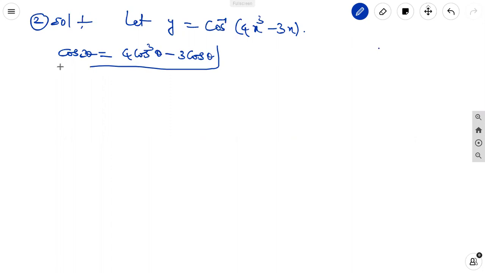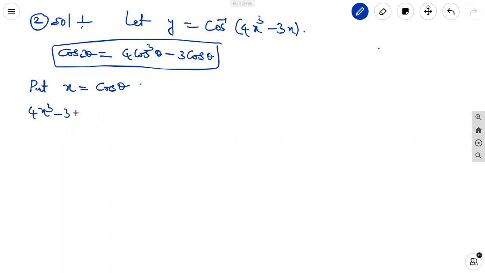It is the cos 3 theta formula. In the expression above, put x equal to cos theta, then 4x cube minus 3x equal to 4 cos cube theta minus 3 cos theta, that is equal to cos 3 theta.